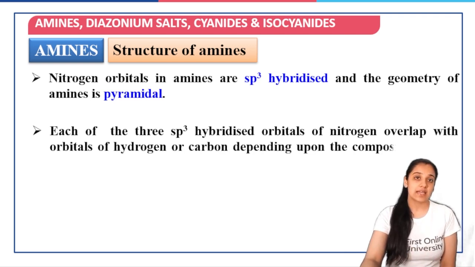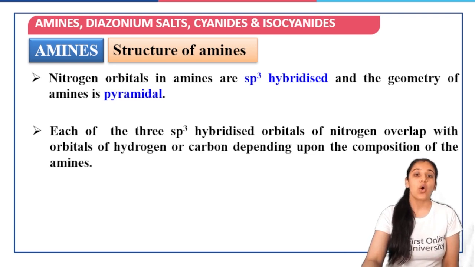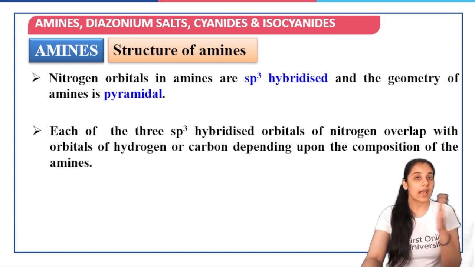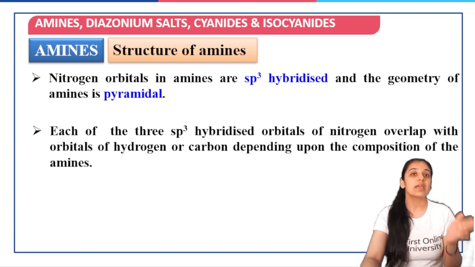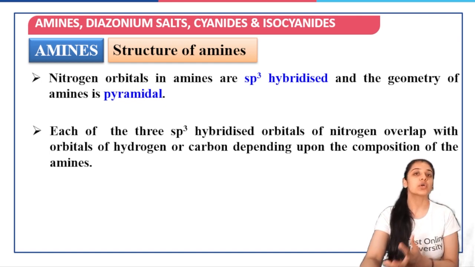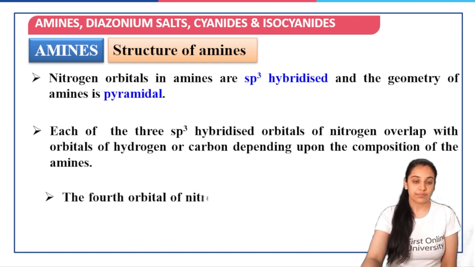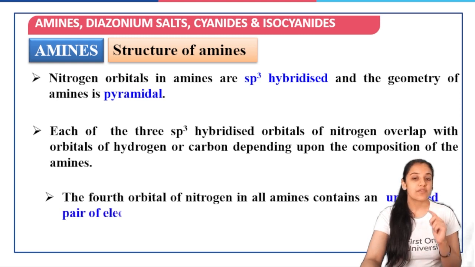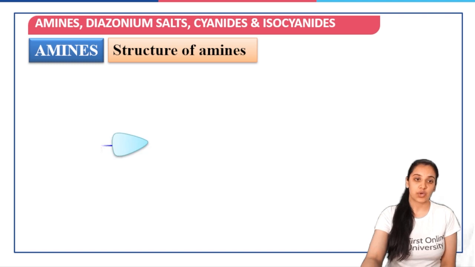Each of these 3 sp3 hybridized orbitals of nitrogen is going to overlap with an orbital of hydrogen or carbon, depending upon whatever groups are attached to the nitrogen. And the 4th orbital, as I've already told you, contains a lone pair or unshared pair of electrons.